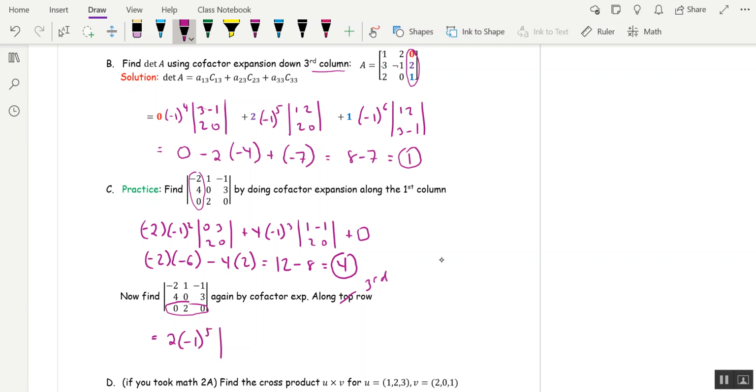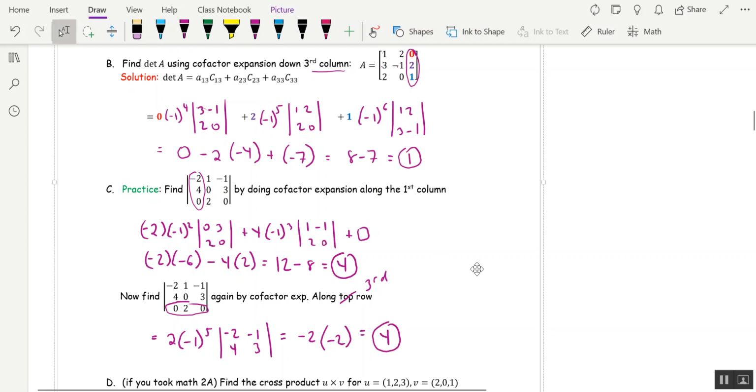And then my subdeterminant is, cross out that row, that column, negative 2, negative 1, 4, 3. Okay, so that's negative 2 times negative 6 plus 4, because it's minus negative. Negative 6 plus 4 is negative 2, so I get 4.